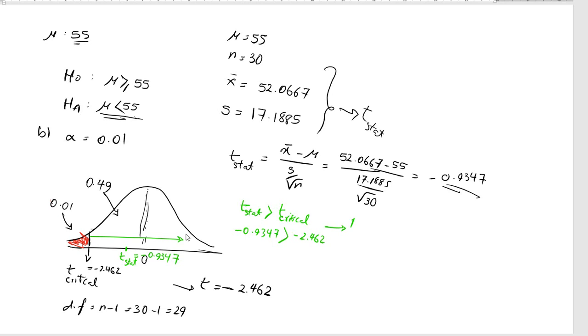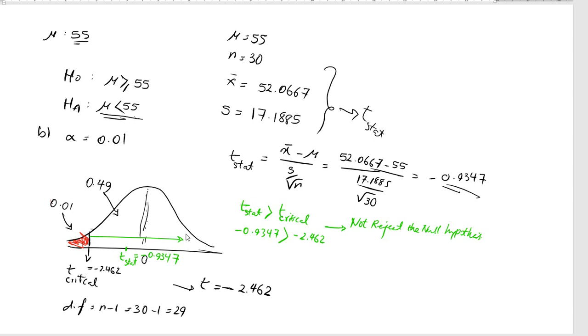Therefore, we do not reject the null hypothesis. So what was the null hypothesis? The null hypothesis was telling you the average population age of this club is 55 years old or above. We do not have enough evidence to reject the null. Therefore, potentially the average age would be above 55.